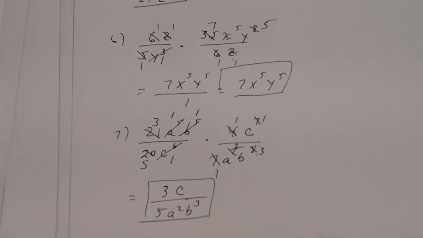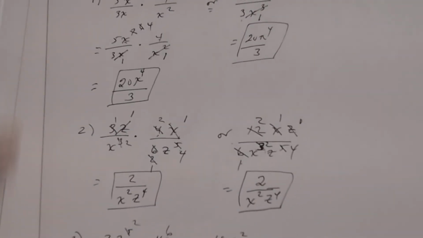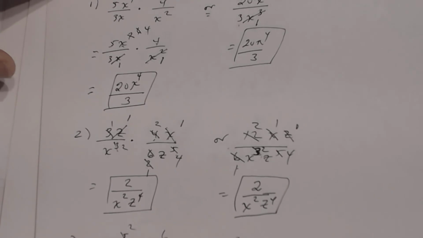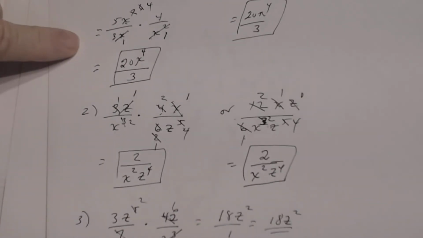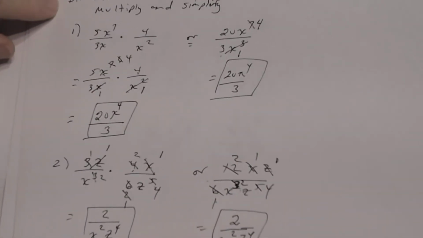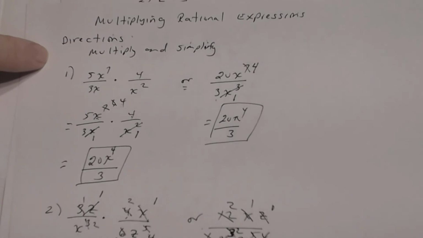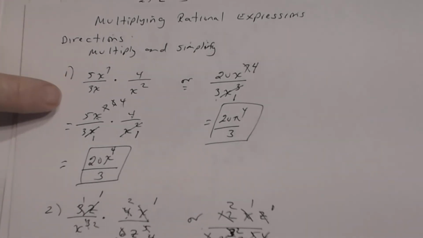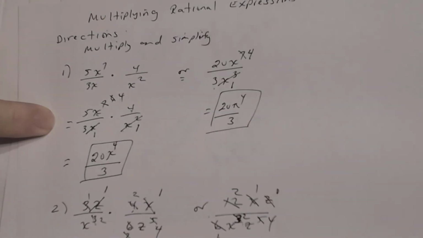And that's your answer. Okay? All right, so that is, in a nutshell, how you would multiply and simplify rational expressions where all of your factors are monomial factors. So that's going to be the end of this lesson on multiplying rational expressions where the factors are all monomial factors.